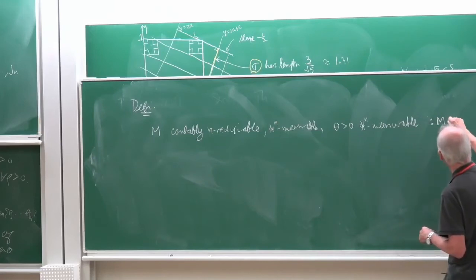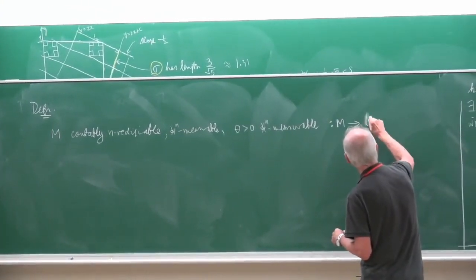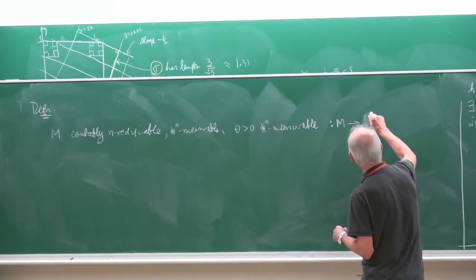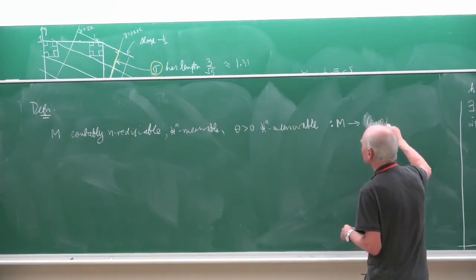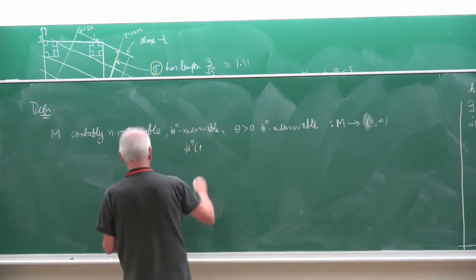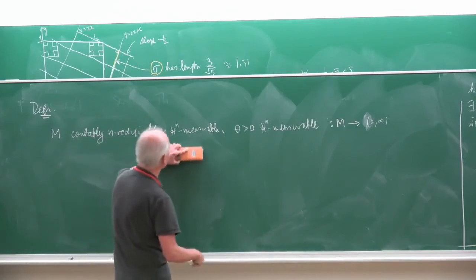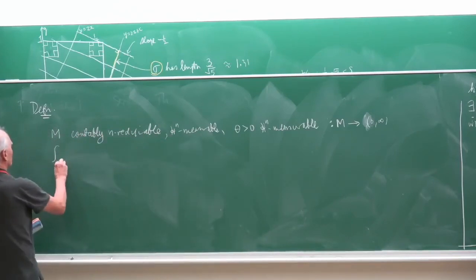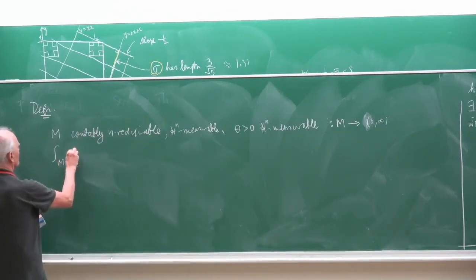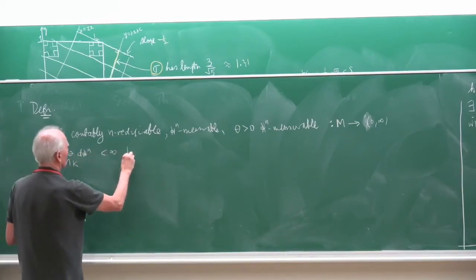So it's defined on M and it's got positive values. It's a positive function, locally integrable with respect to H^n restricted to M; in other words, the integral over M intersect K of theta dH^n is finite for every compact K.